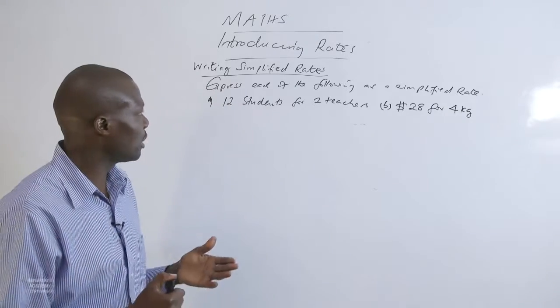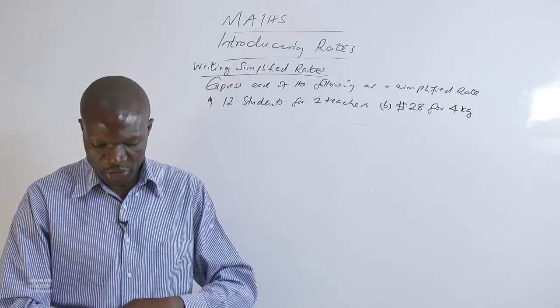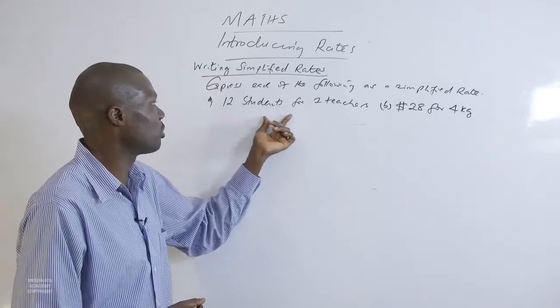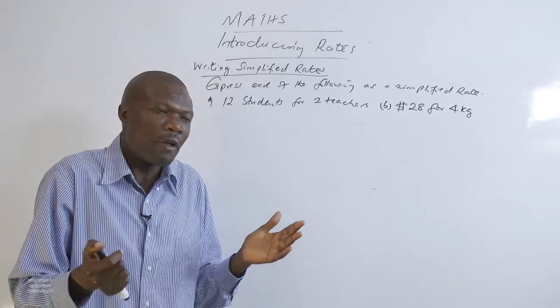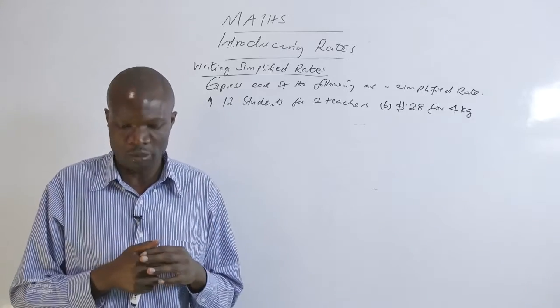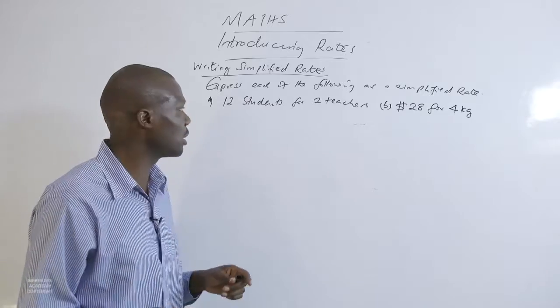So let us first start looking at the first part, and we want to simplify 12 students for 2 teachers. In other words, we want to find out how many students will be for 1 teacher. That is what we mean by simplifying.